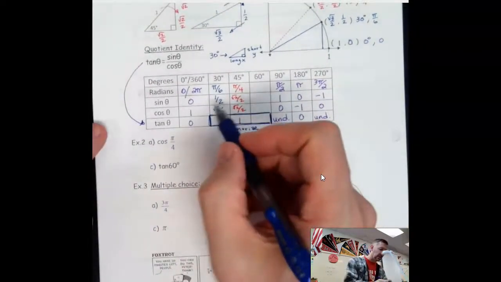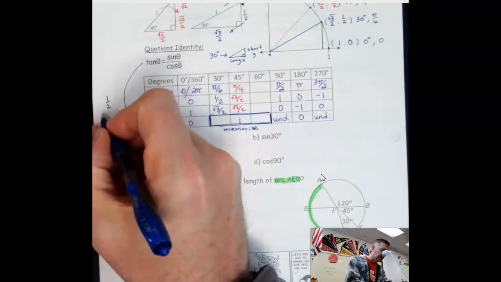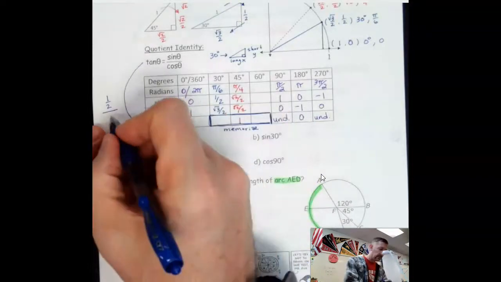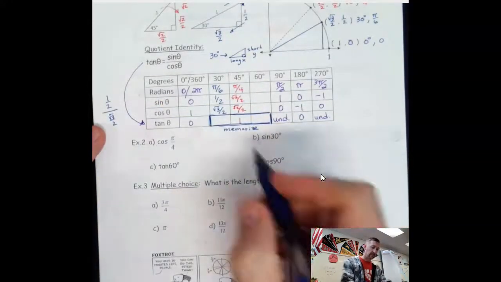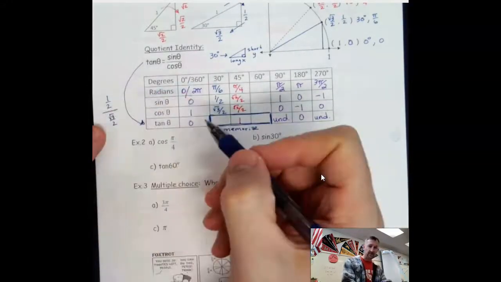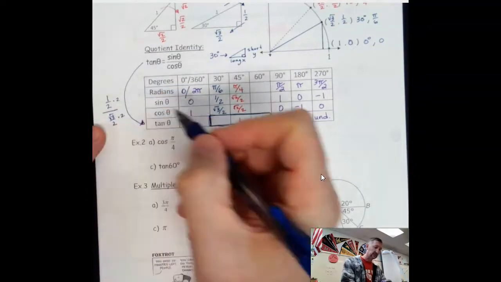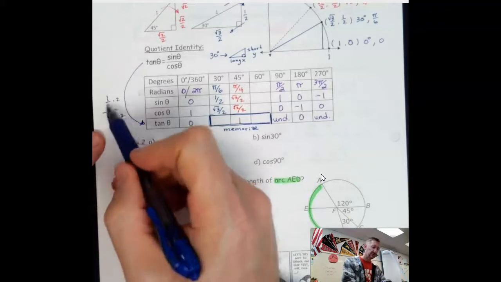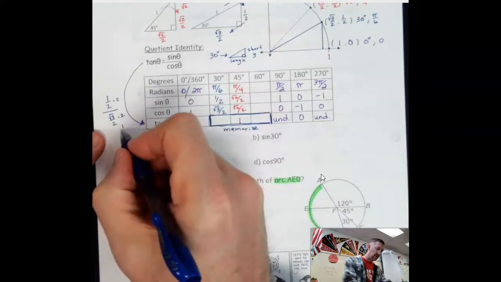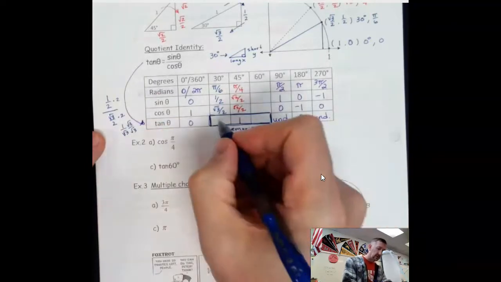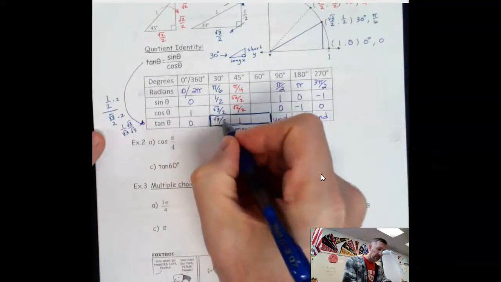So if we take 1/2 and then we put that over root 3 over 2. So that's a complex fraction. You could multiply by the reciprocal, but I'm just going to multiply by 2 because it's a complex fraction, so multiply by the common denominator. So that gives us 1 over root 3. And if we rationalize that, we're going to get root 3 over 3.